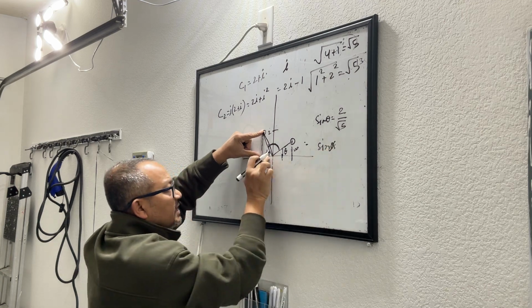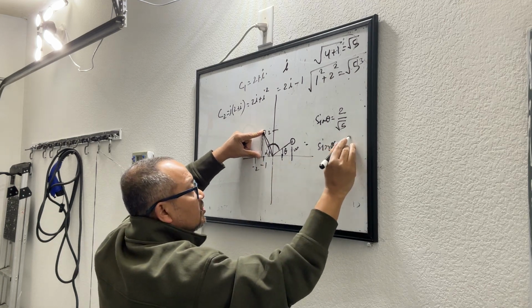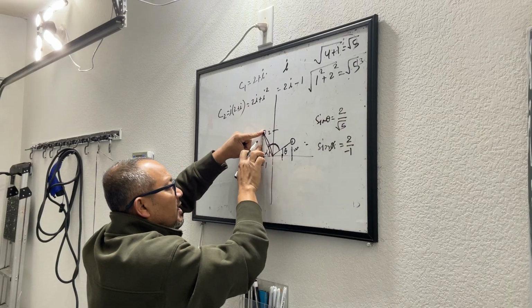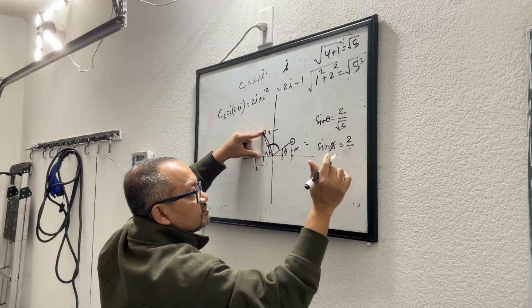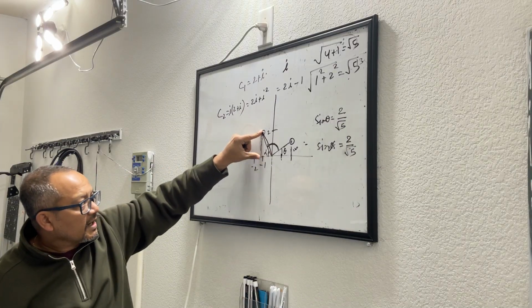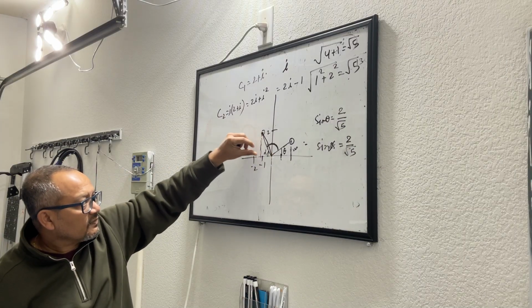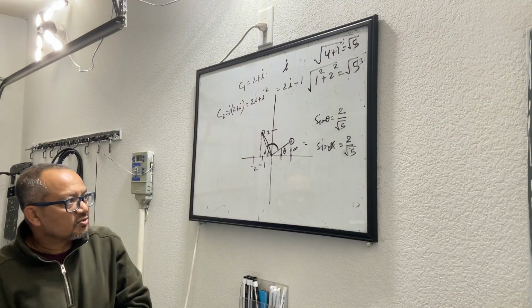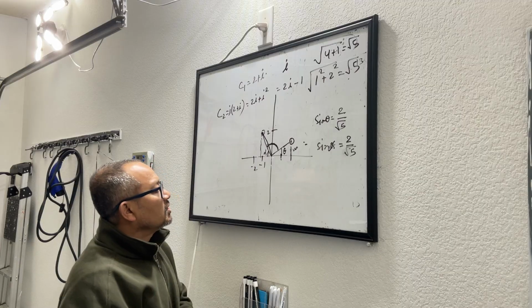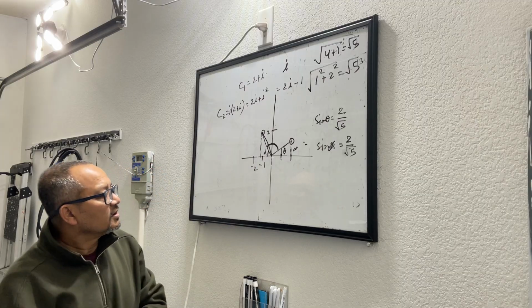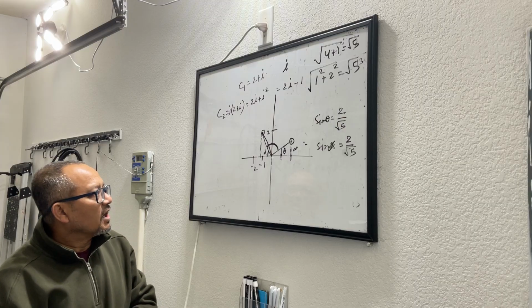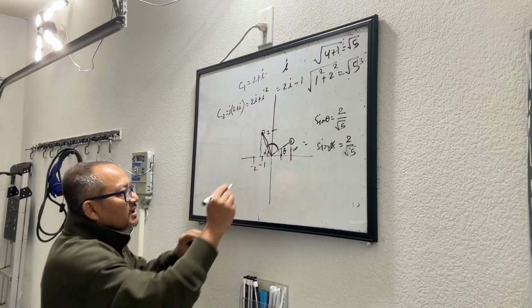Sine of alpha will be this length, which is 2, by this, so 2 by root 5. What am I doing right now? I'm trying to find out this angle.